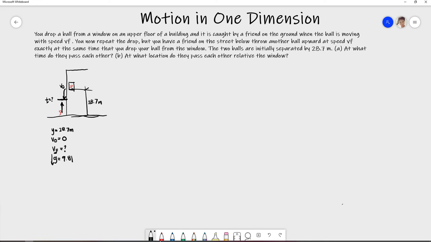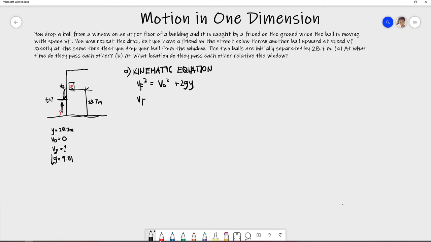9.81. And to solve this problem, we will use the kinematic equation. Solving for Vf, we have Vf squared is equal to the initial velocity squared plus 2gy.